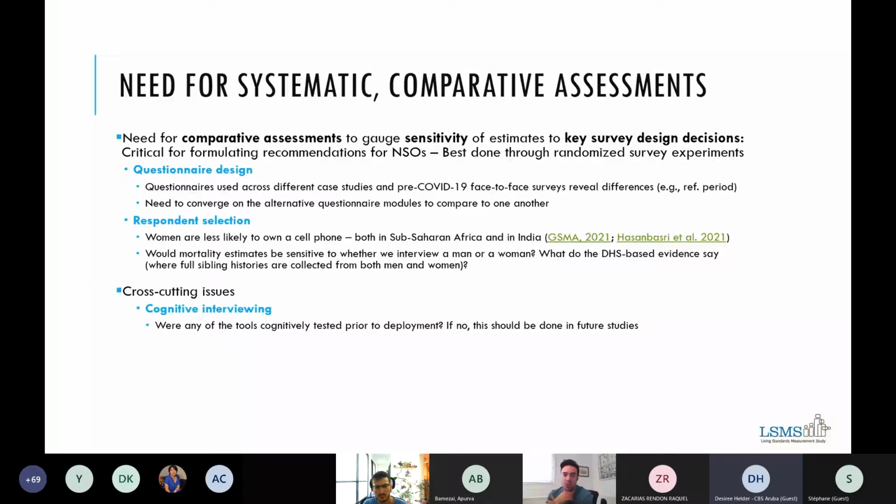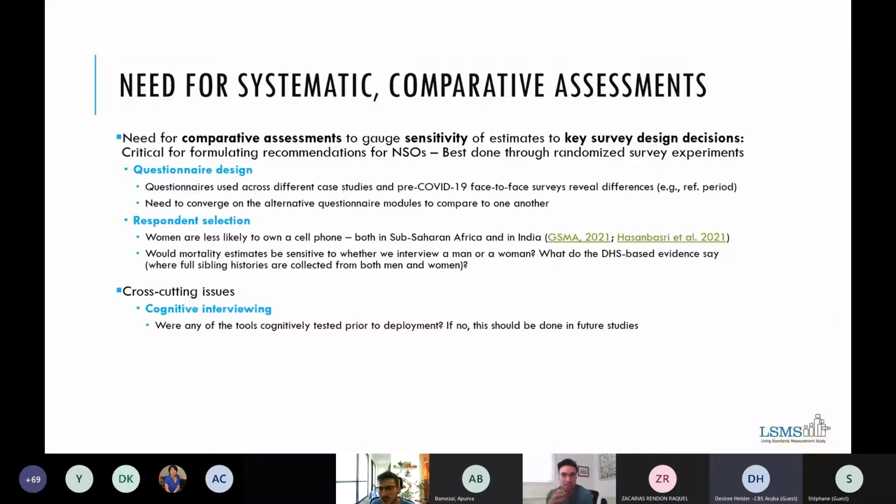One is cognitive interviewing. I saw some comments around sensitivity, and these are typical comments that we receive, and they're obviously warranted, and they need to be tackled explicitly about sensitivity of these questions.